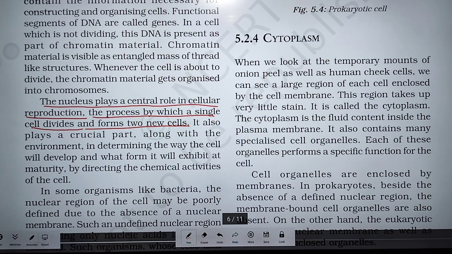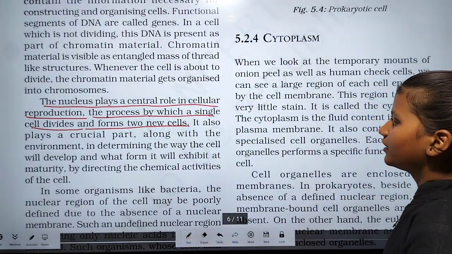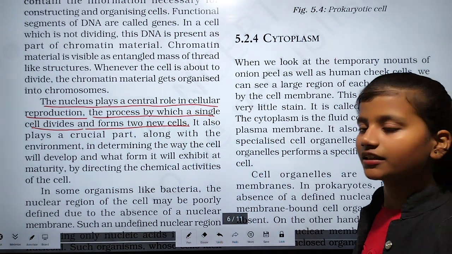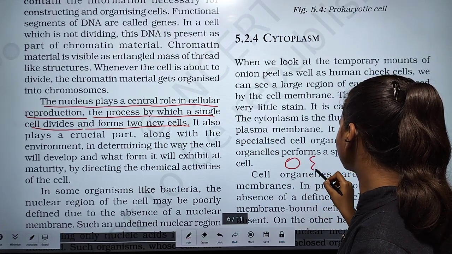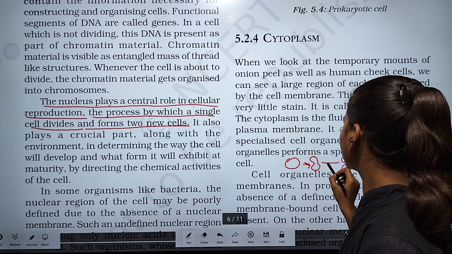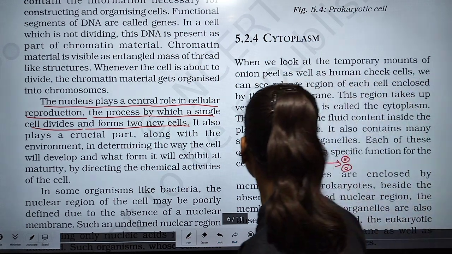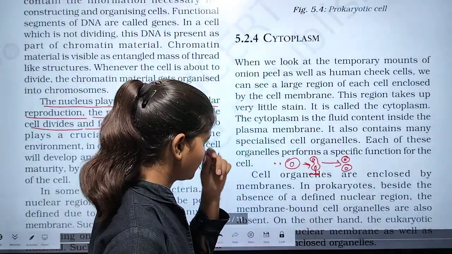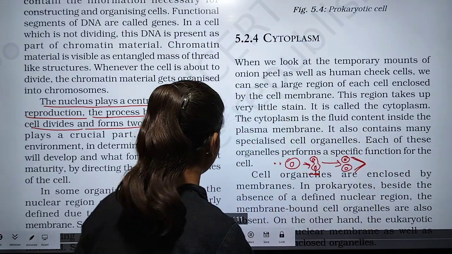When the cell divides into new cells, the nucleus plays a very important role.